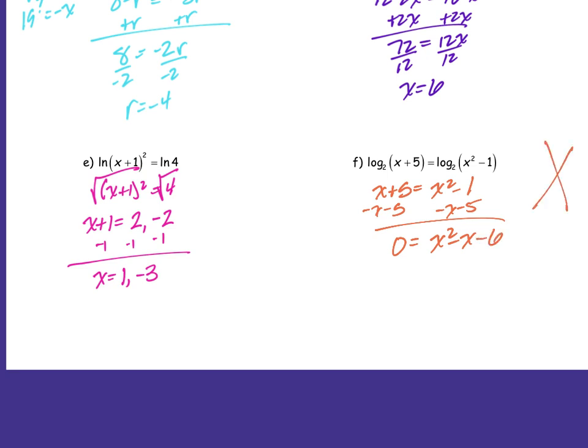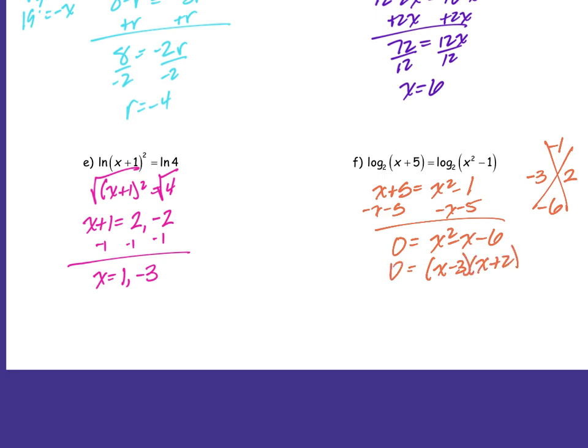And sorry if you haven't seen the cross thing, it's how I factor and how I think about it. So I need two numbers that multiply to be negative 6 and add to be negative 1, which is negative 3 and 2. So this factors to x minus 3 times x plus 2.